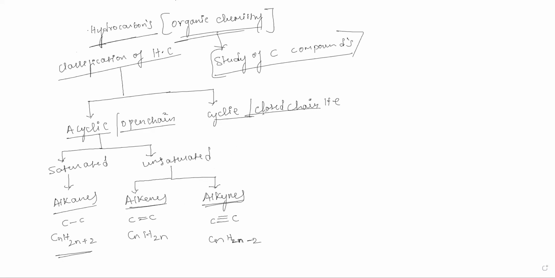When it comes to cyclic or closed chain hydrocarbons, they are classified into two types: alicyclic and aromatic.